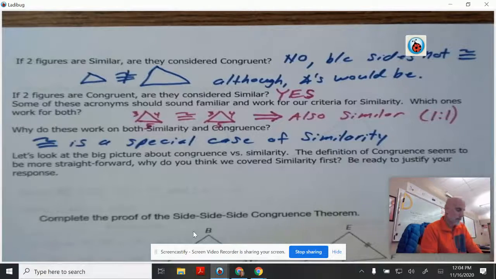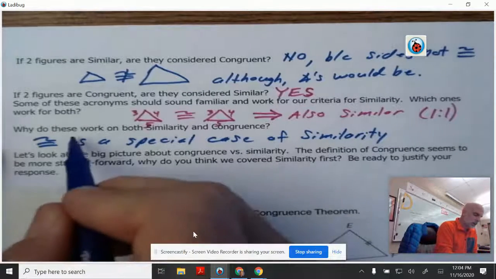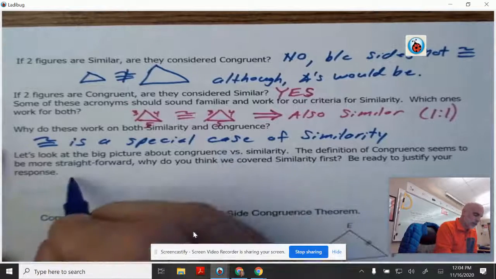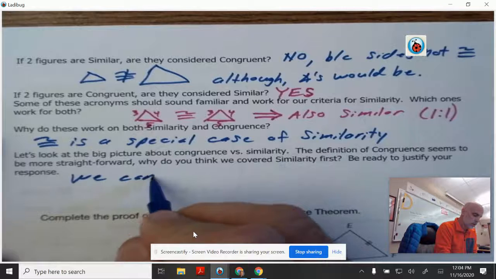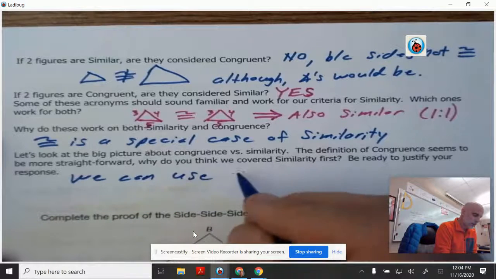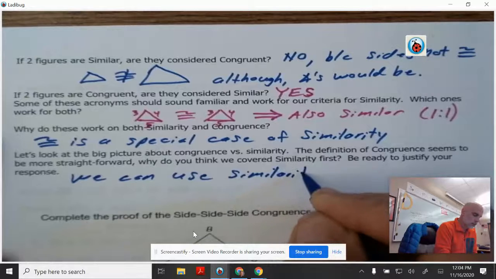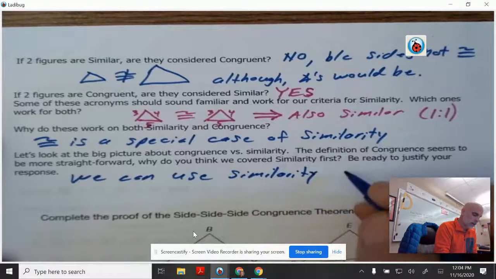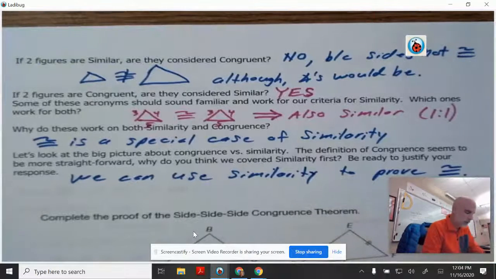I would say we do like covering similarity first because we can use similarity to prove congruence. And I'm going to show you that down here below.